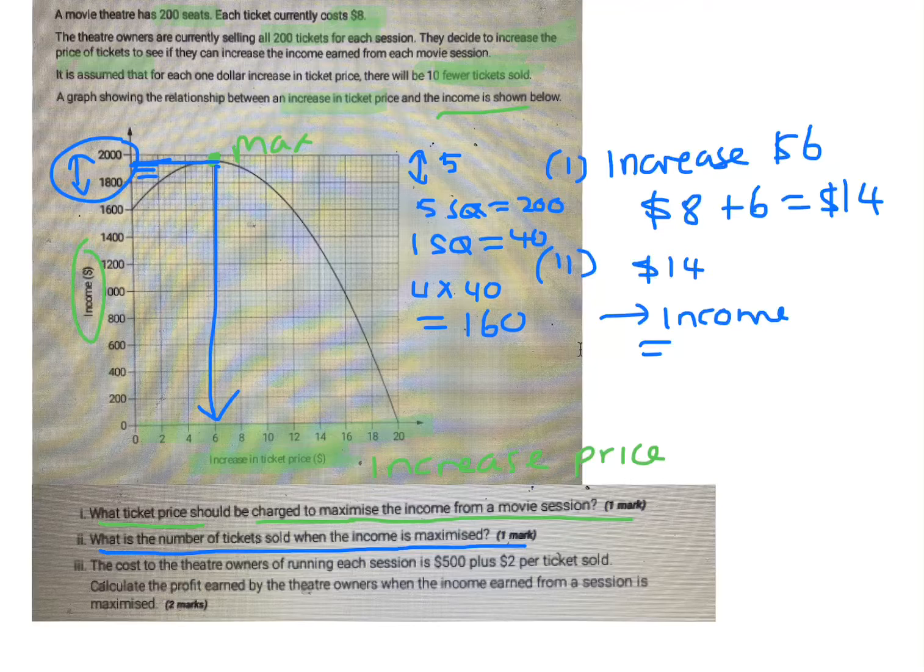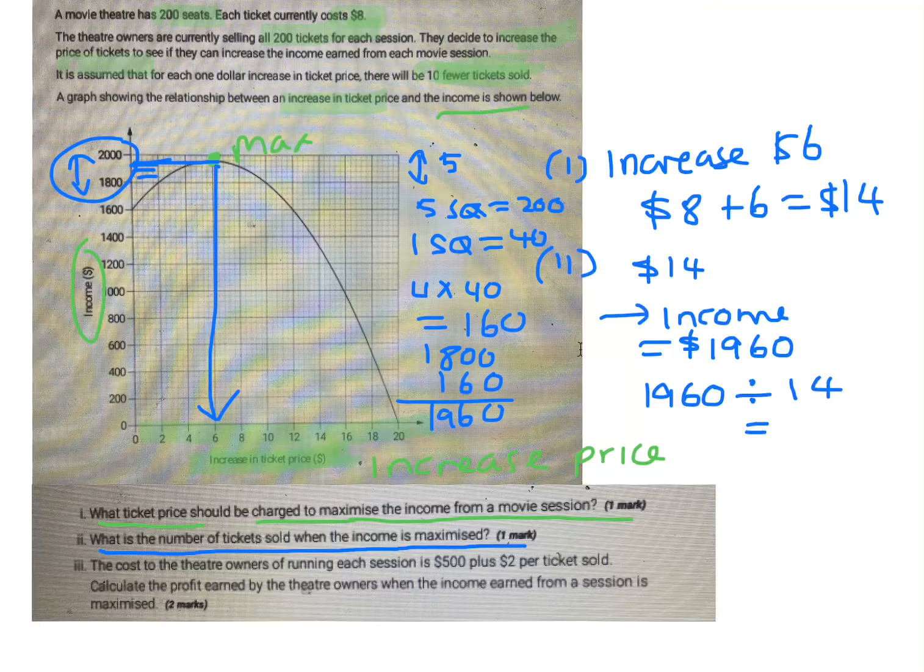So if you went up 160, then you add that onto 1800, you get 1960. That means the income is 1960. So you're going to charge $14 and you're going to get an income of 1960.